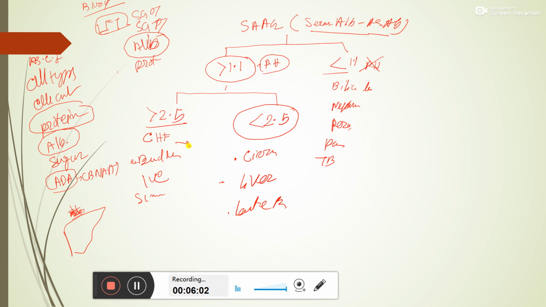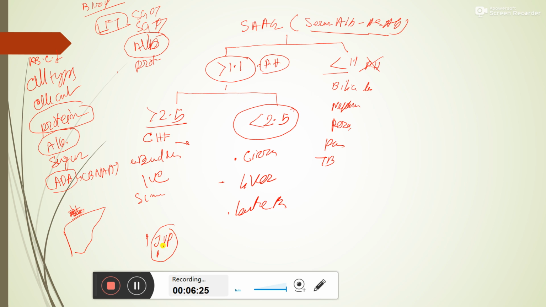In CHF, CCF, you know there will be a raised NT-proBNP level, and if it is right heart failure, you will see raised JVP, pedal edema and orthopnea.